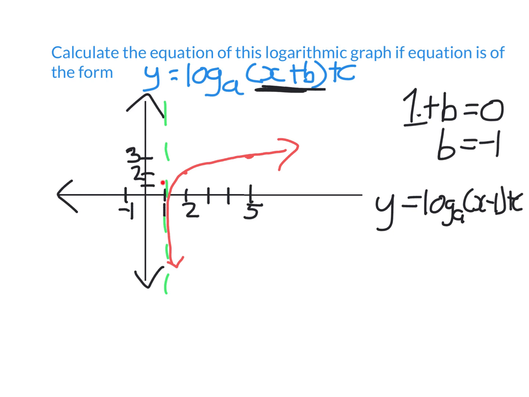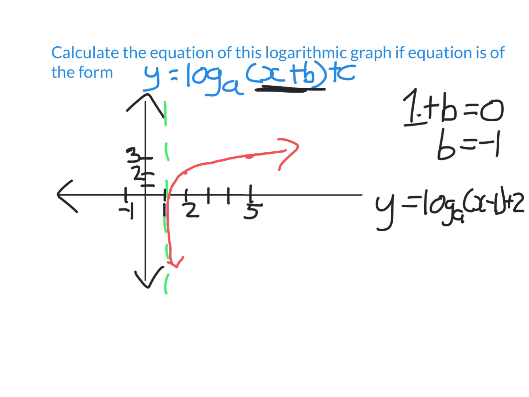For c, what you can do is start at the asymptote, go 1 to the right, and whatever the y value is at that point, that is the value of c, because that tells you how far it's been moved up. So in this case, the y value when we moved 1 across was 2. So I'm going to rub out c and replace it with positive 2.